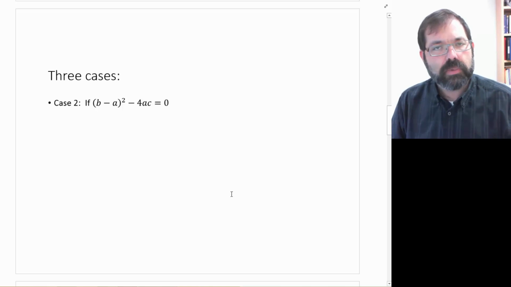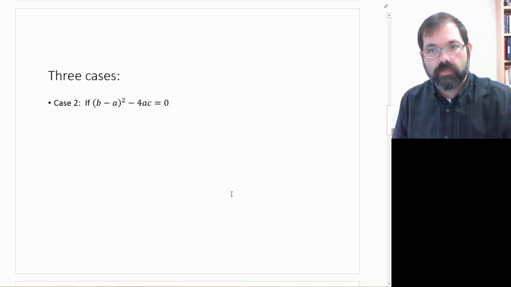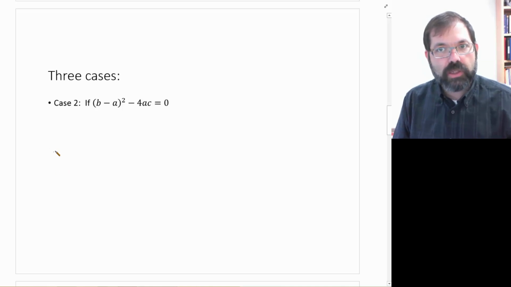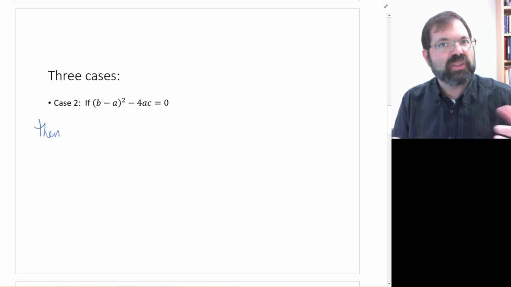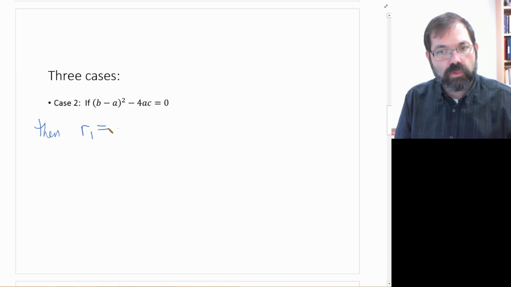Our second case is if the discriminant is equal to 0. So if the discriminant is equal to 0, then we have two solutions, but there's a multiplicity, right? So we have one solution of multiplicity 2. So then r1 is equal to r2.